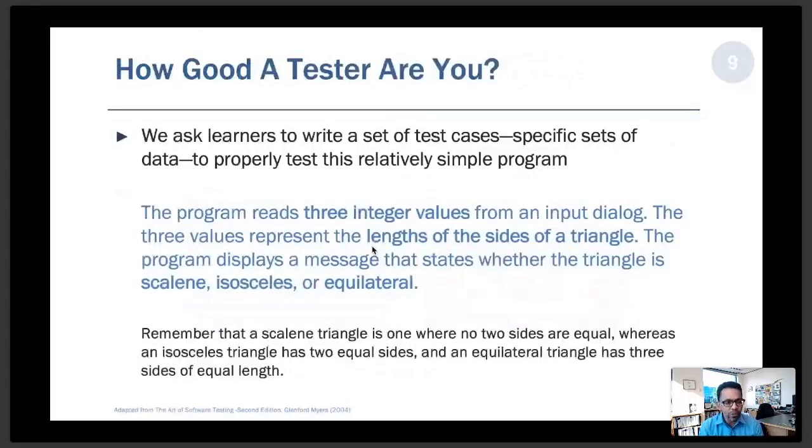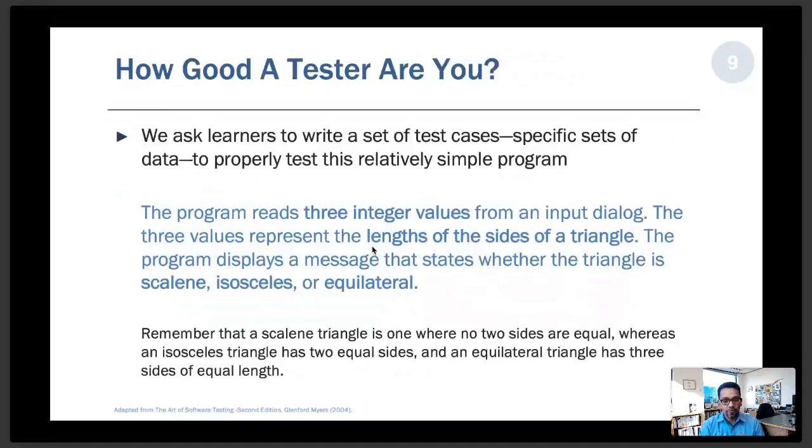And we do this in our developer testing class. So we have a self-assessment. We ask the participant to write a set of test cases, and by that, we mean a specific set of data that will properly test this very simple program.